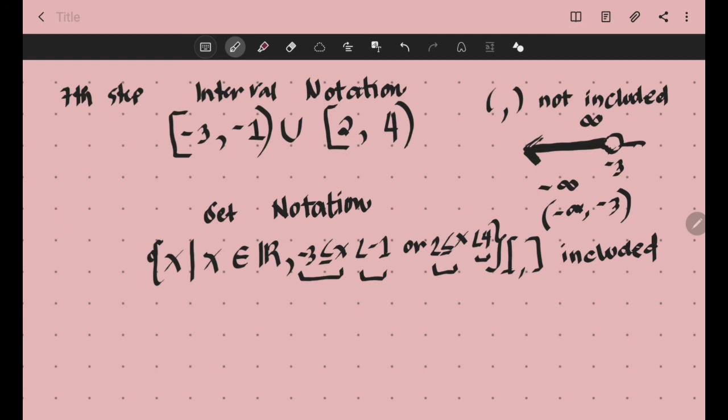So, that's why they are not included. So, that is how we represent the possible values of x that will satisfy your rational inequality. So, again, in solving rational inequality, we have to find the possible values of x that will satisfy your rational inequality.